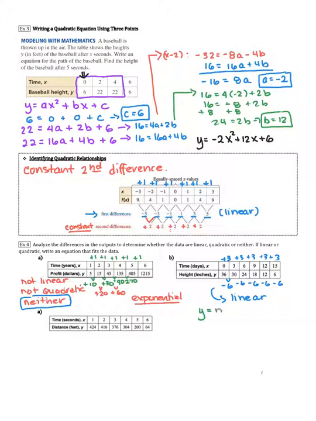So y equals mx plus b. Let's see. We know our slope. The slope, remember, is rise over run, so you always want to pick the y value over the x value. So -6 over 3 is -2.